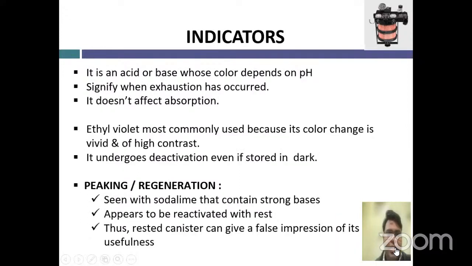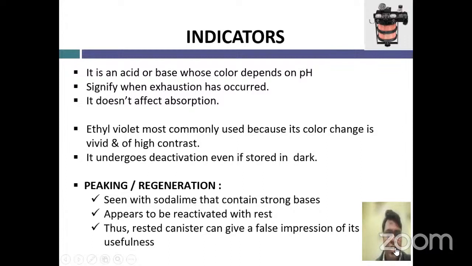Coming to the indicators, an indicator is an acid or base whose color depends on pH and signifies exhaustion of soda lime without affecting CO2 absorption. Ethyl violet is the most commonly used indicator as its color change is vivid and of high contrast.